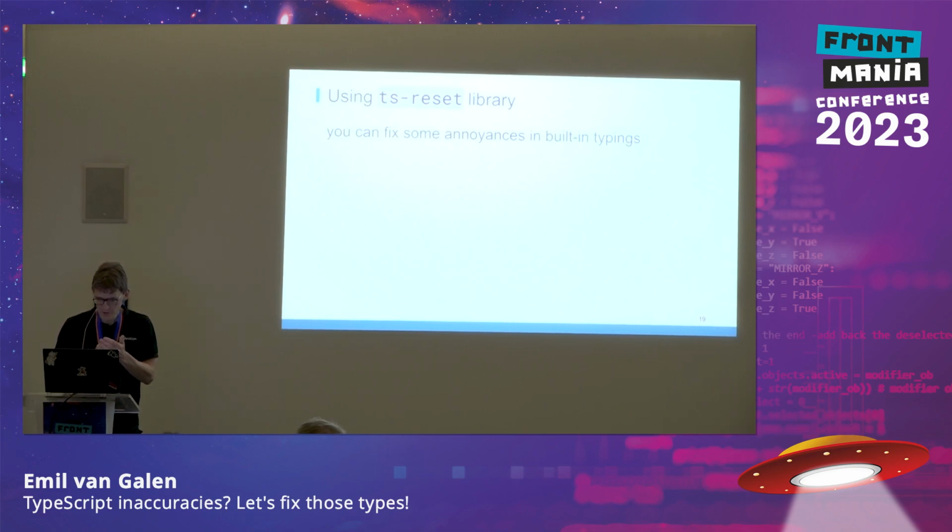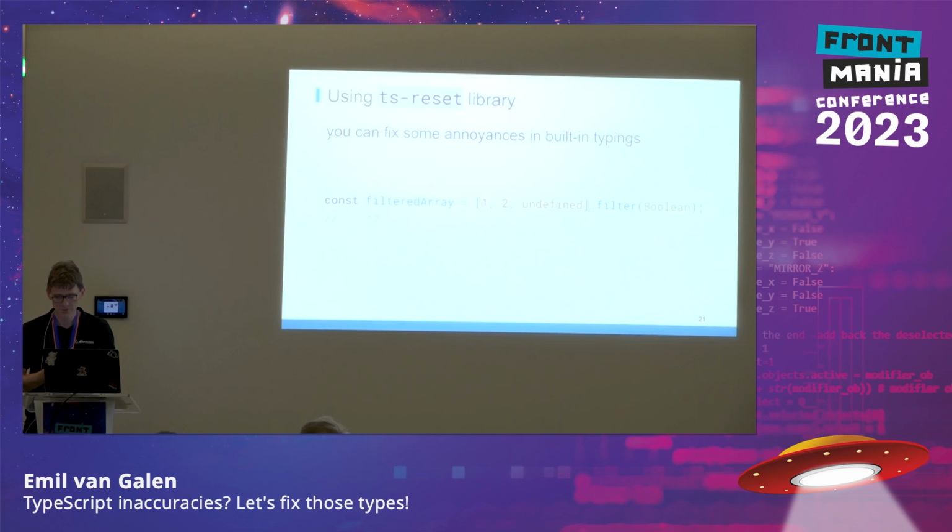When it comes to the annoyances in the built-in typings, there's the TS Reset library. TS Reset will fix the JSON.parse issue. Normally you will get this any, but if you do a side effect import of TS Reset, then you will get unknown. It also fixes more situations.